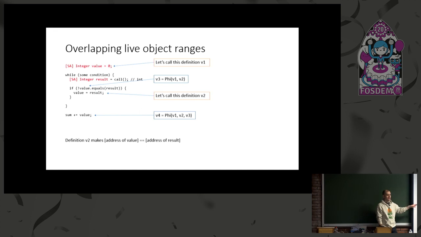It's an interesting case: if these two objects, as we have them here, are stack allocated, then as soon as we get into the definition V2, where value equals result, these two addresses, which are addresses on the stack, become the same. Coming back on the second iteration of the loop, it'll be the address that result was before. But result is stack allocated, so it's always the same address.